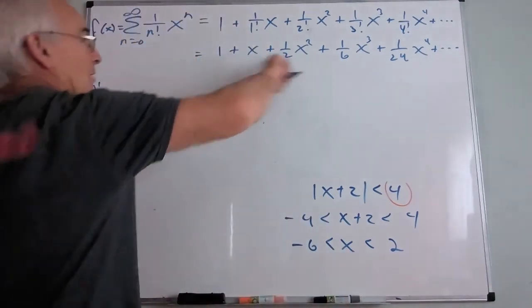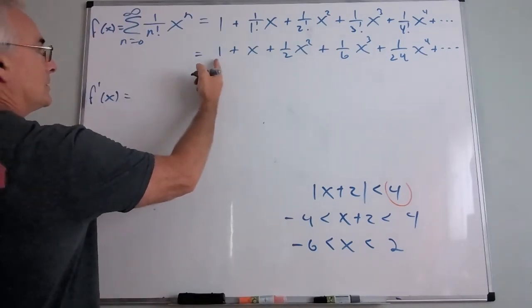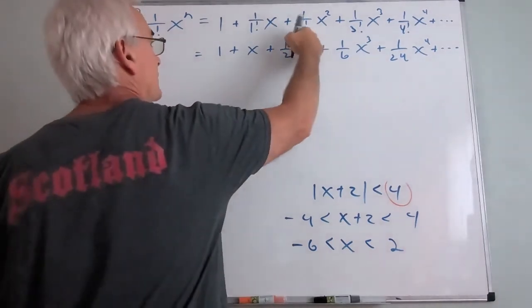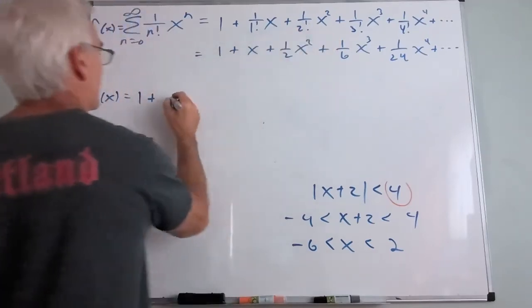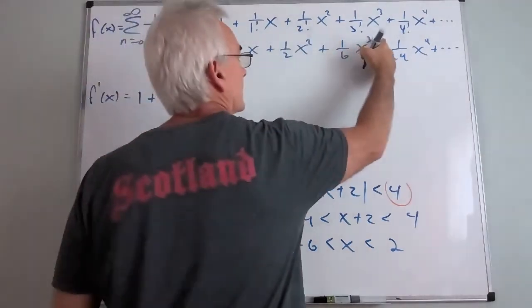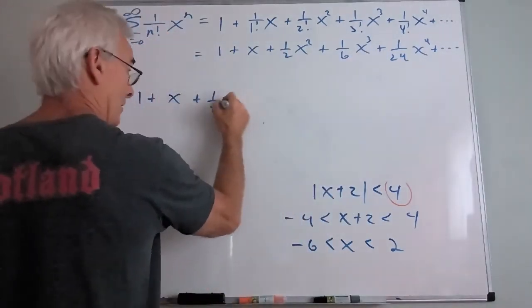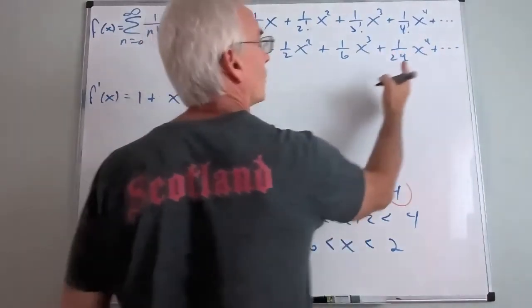So if I differentiate all of this, what am I going to get? 0. Then 1, x to the first. Okay, so 1 half x squared. Then 1 sixth x cubed.